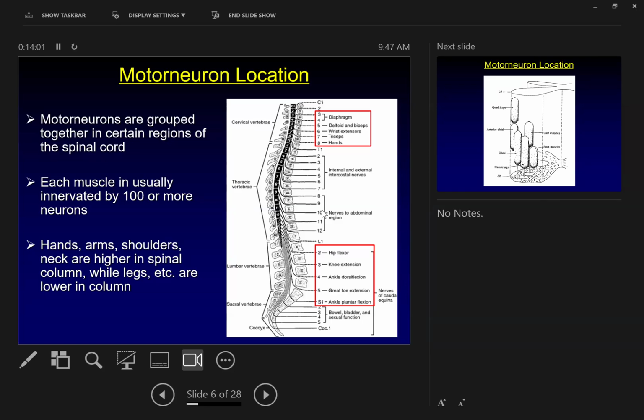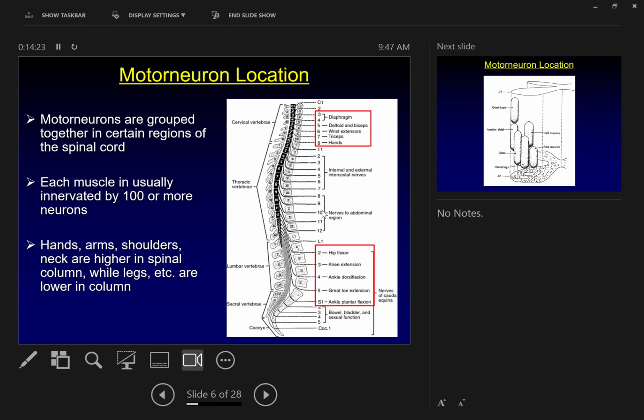It starts at C1 and moves all the way down to S5. At C3, the diaphragm is the highest, closest to your brain. Most of the rest of them function in order as we move down the body.